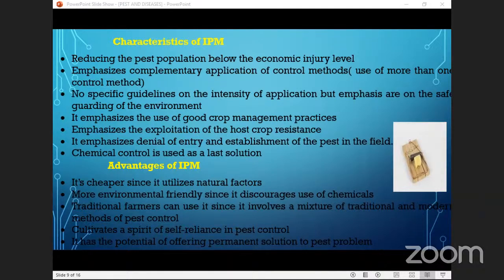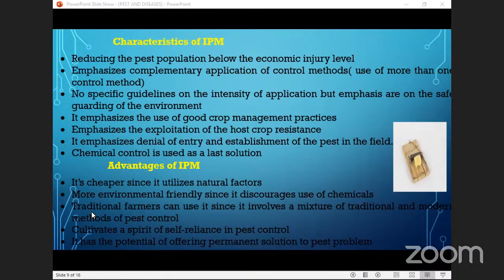You use every method. Today, if you spray using a chemical, next time you weed. After weeding, next time you construct a fence. Or you introduce biological agents in the garden. And then the other point says, it emphasizes the use of good crop management practices.